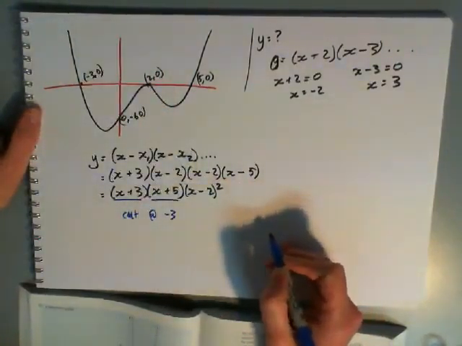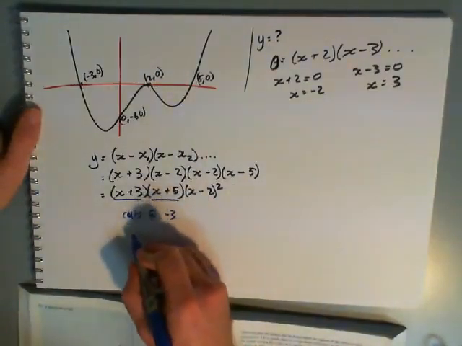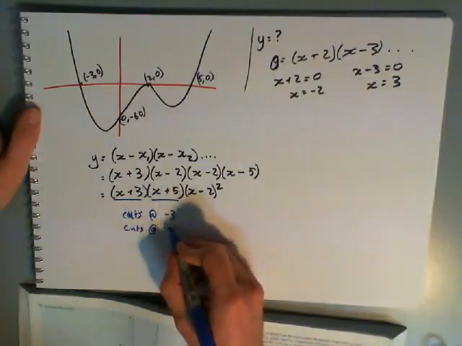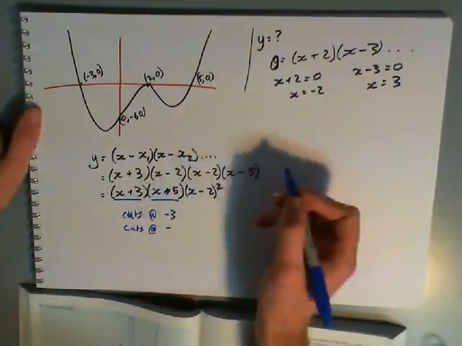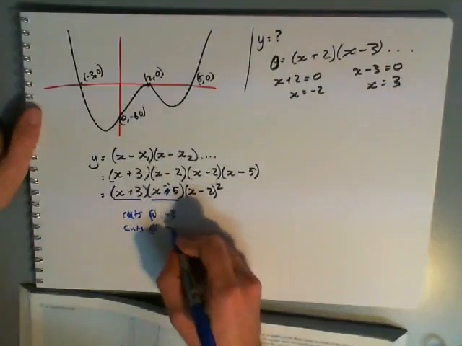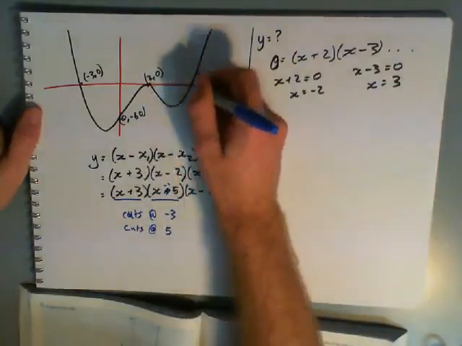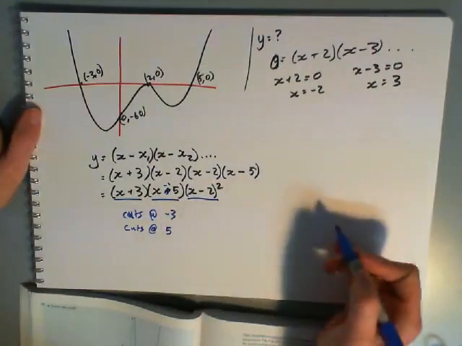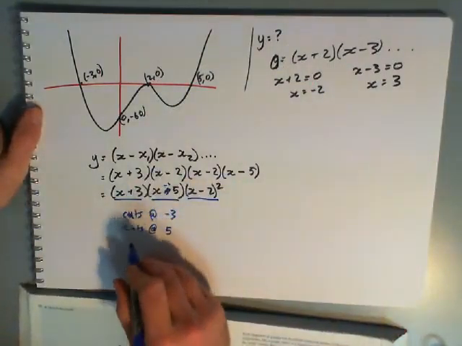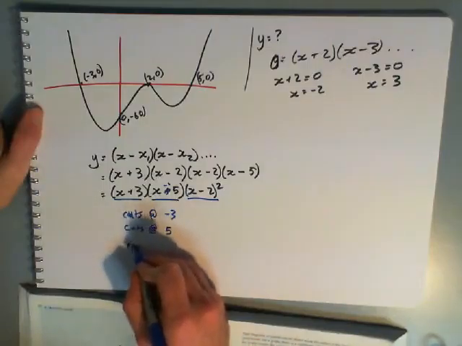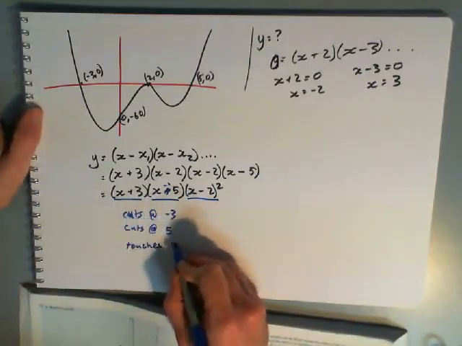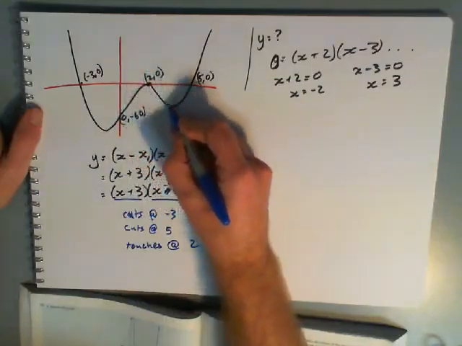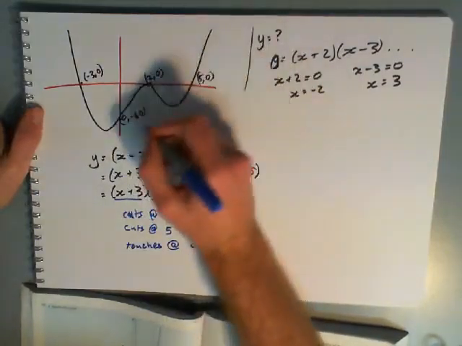Same with this one, x take 5, so it cuts it at 5. We cross it at 5. But this point here, x take 2, what does it do? Well, it's a repeated point, so it touches it, then goes back down again. Whereas these ones, they go through it.